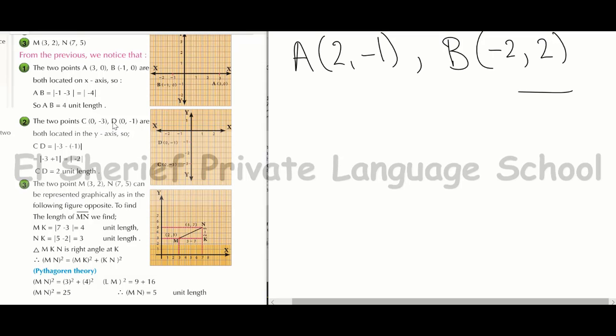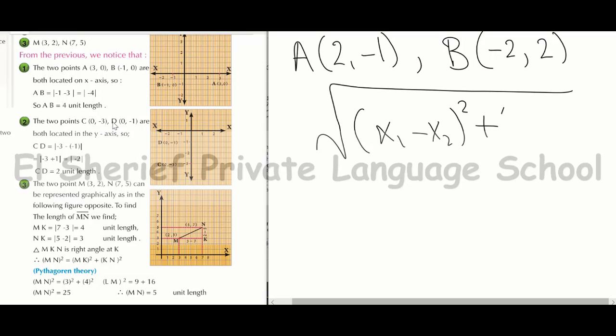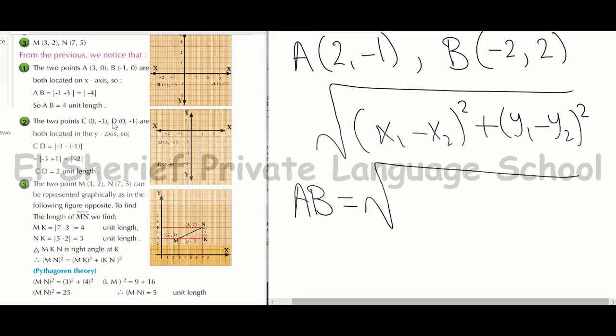So the rule is x1 minus x2 all power 2 plus y1 minus y2 all power 2. Then the distance between point A and point B equals, in this example, square root of 2 minus -2 all power 2 plus -1 minus 2 all power 2.